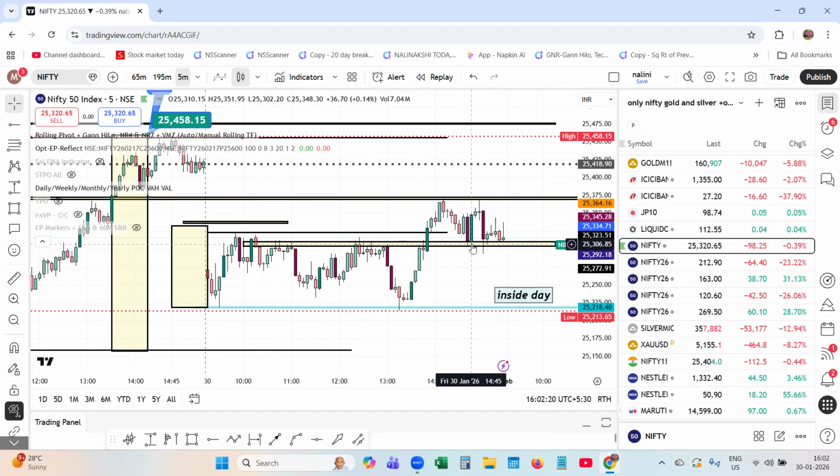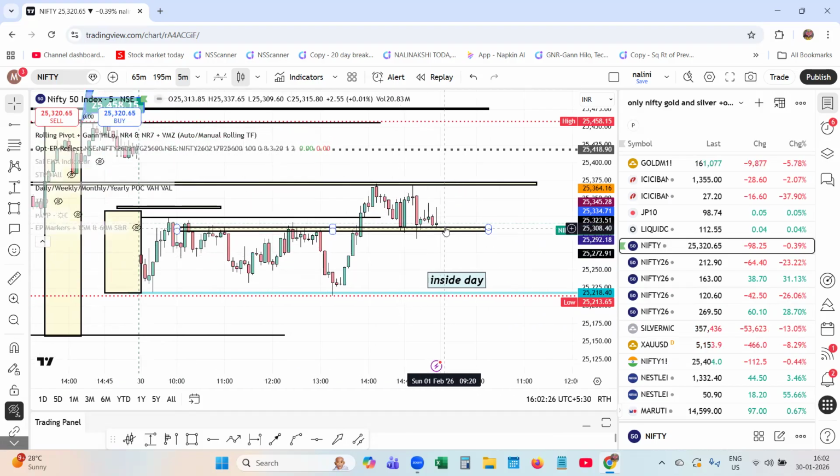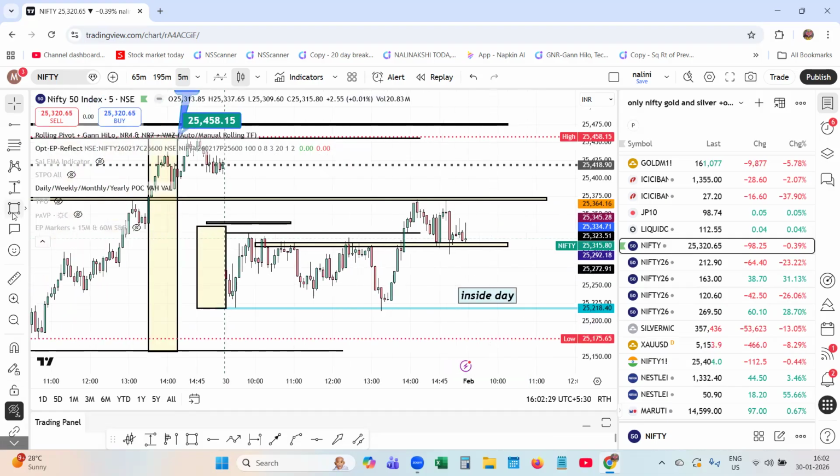The market has closed above the breakout level. We don't know whether the market will expand, and initially it can do this tomorrow or on budget day. The market can move because it has an unfinished job of filling the gap.